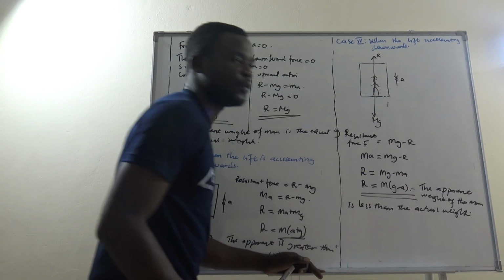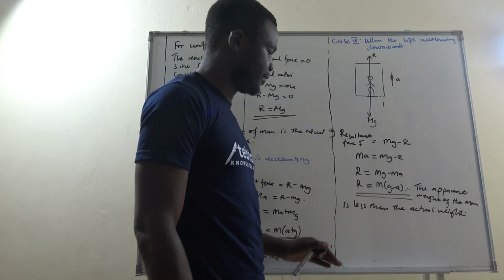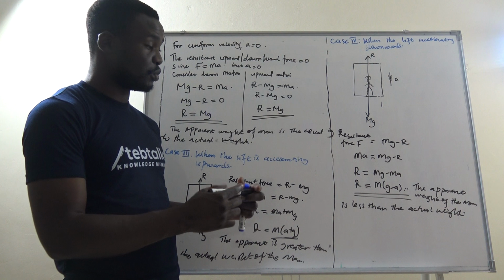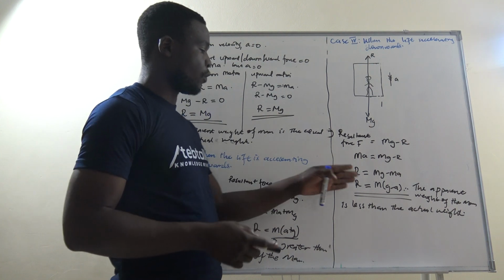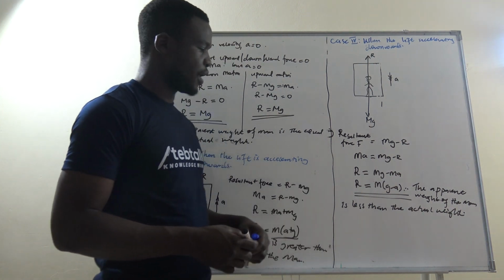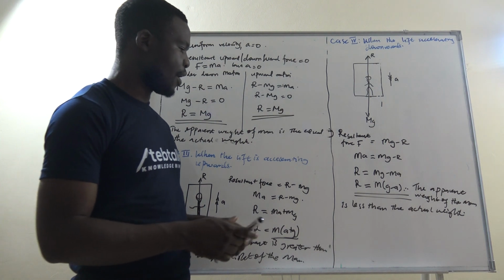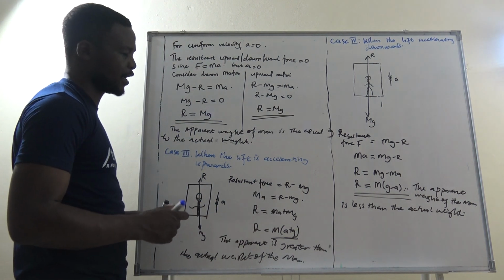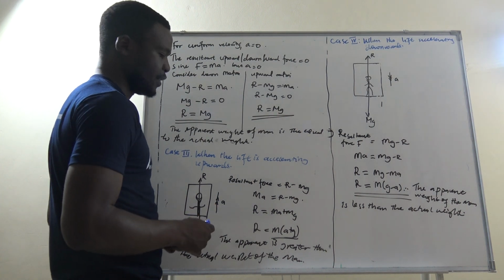Yes, that's what happens when you are moving downwards in the lift. If you happen to be standing on a weighing machine, your weight will be less than your actual weight, in line with this expression.